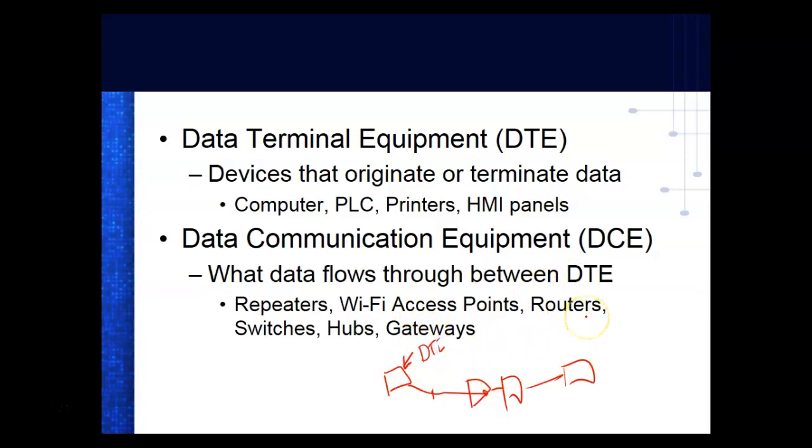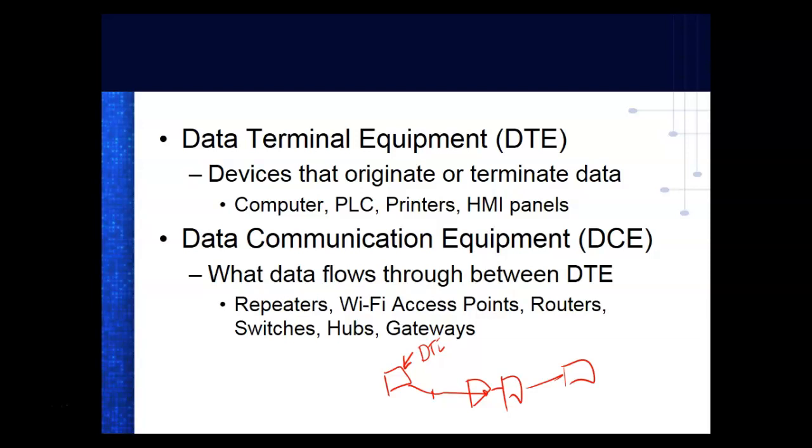So this will be your computers. This will be your PLCs. This will be your printers. These will be HMI panels, or human machine interface panels. These are what is actually doing the communication. Data communication equipment is what the information or data flows through between the DTEs. These will be repeaters, switches, hubs, gateways, routers, and Wi-Fi access points.